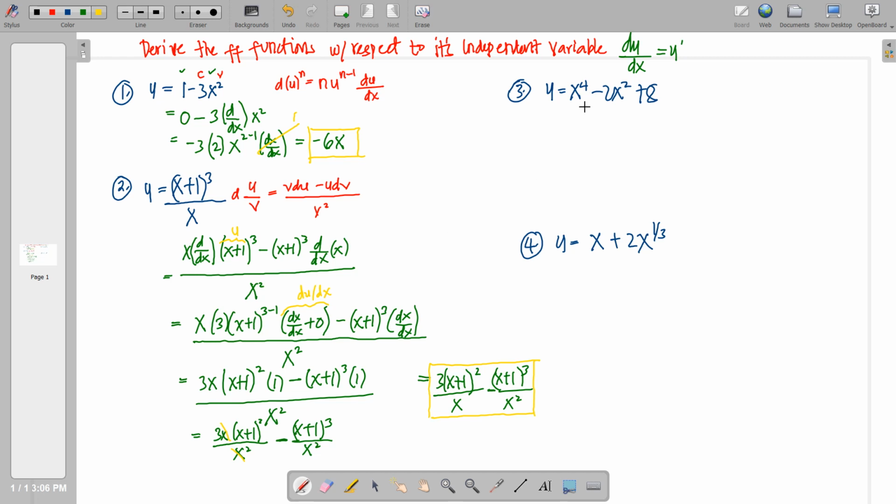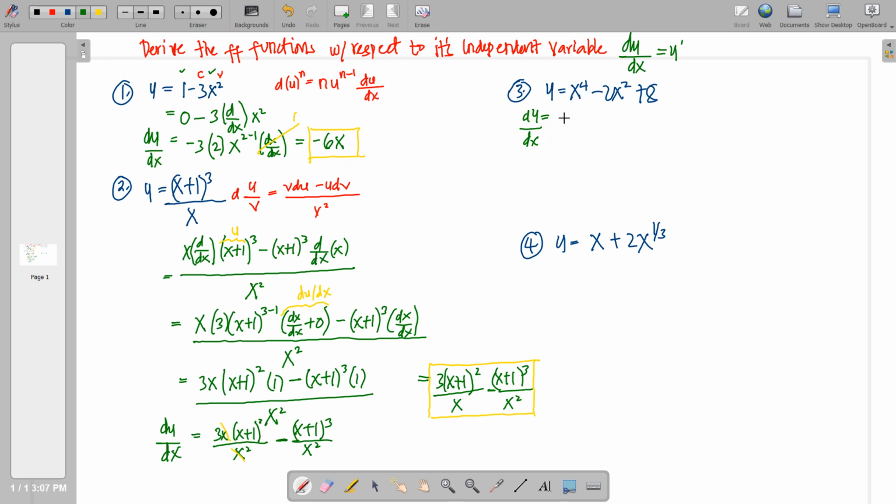Okay, moving on to the third problem. Again, we have here algebraic sum and difference. All we have to do is to derive the first term, second term, and the third term. So just apply the formula. So dy, by the way, these are dy over dx, or it could be y prime.